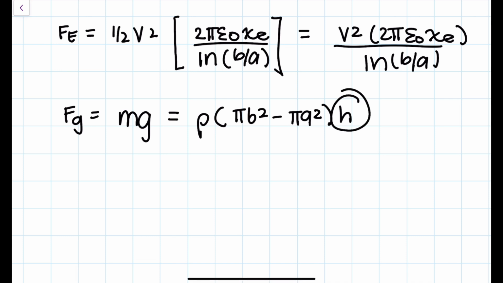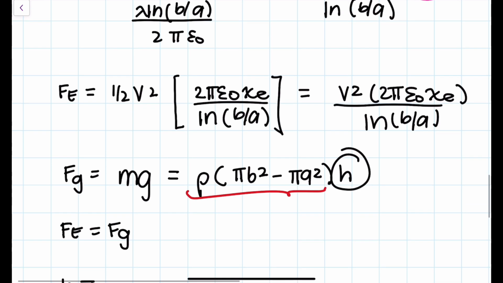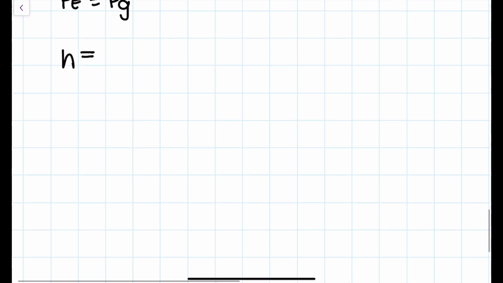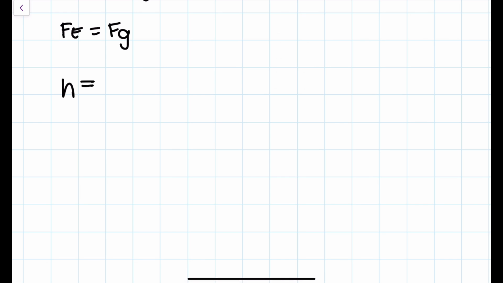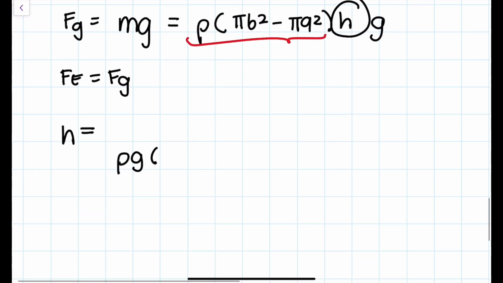Putting everything together, we have the h right here. Going back to this, solving for h will look like this. We basically just move this chunk to the bottom of the equation for the electric force. I obviously forgot a g, sorry.